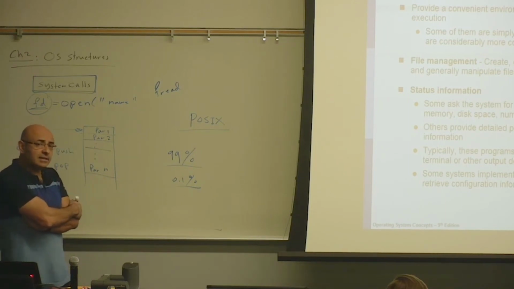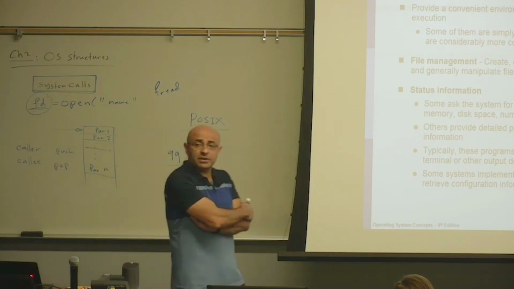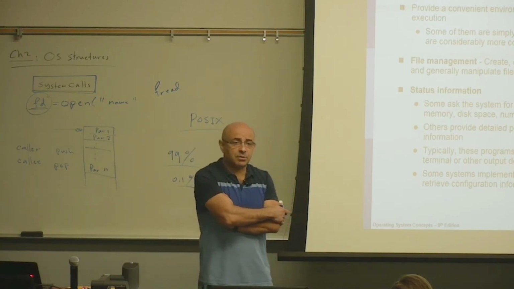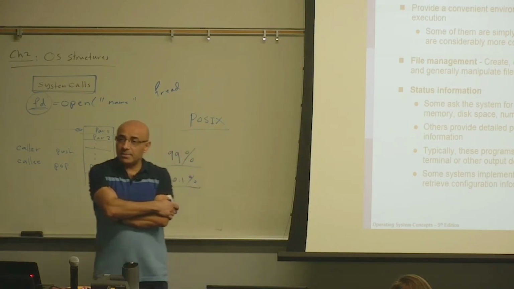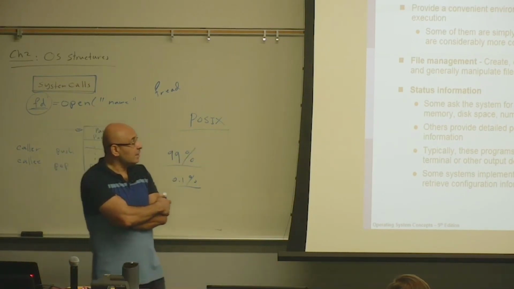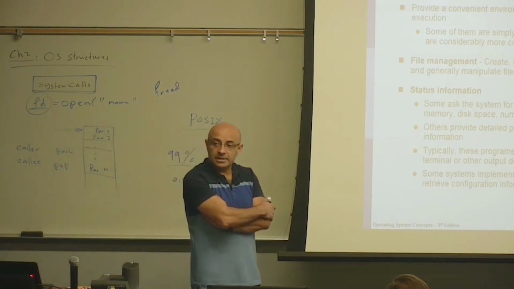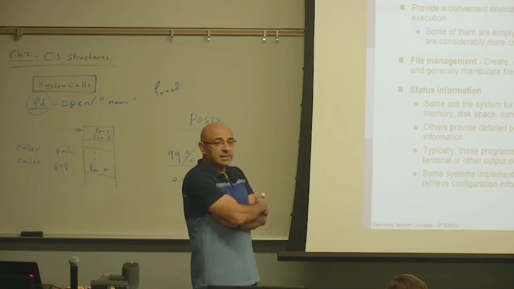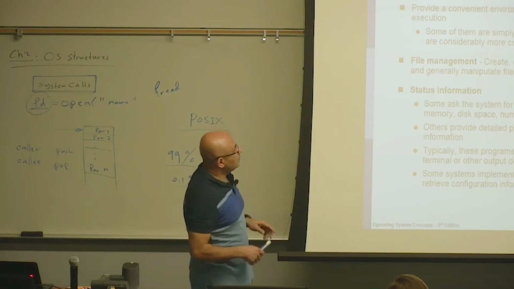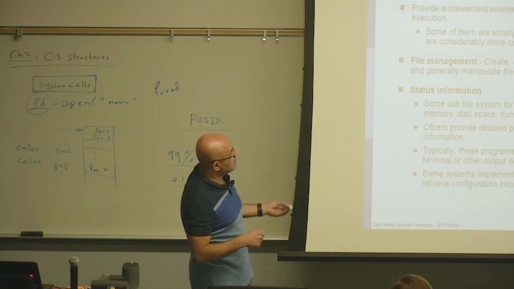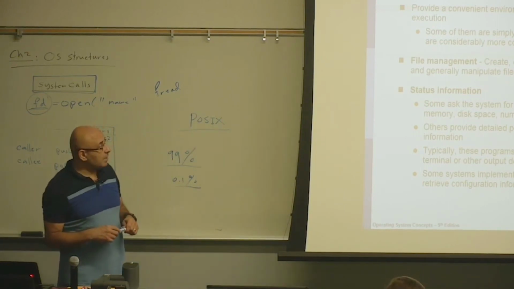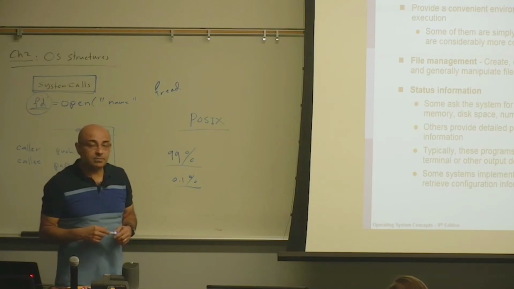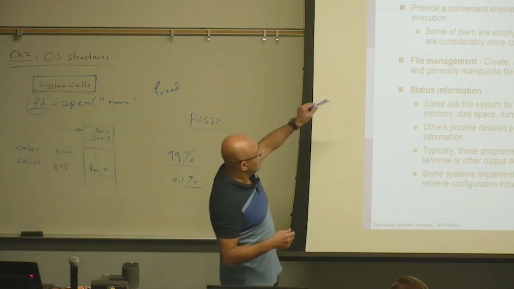So these text editors, these are not part of the kernel, but they are system programs. And usually they make lots of system calls. So it's part of the system, but it's not part of the kernel, but it makes lots of system calls.